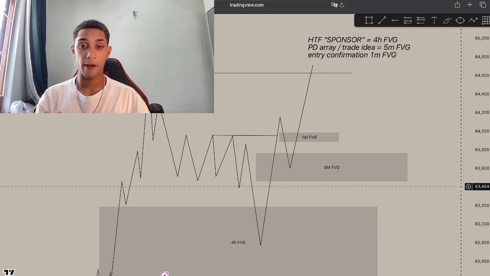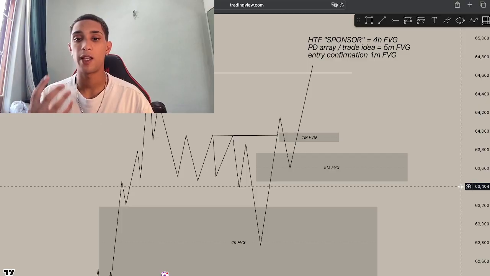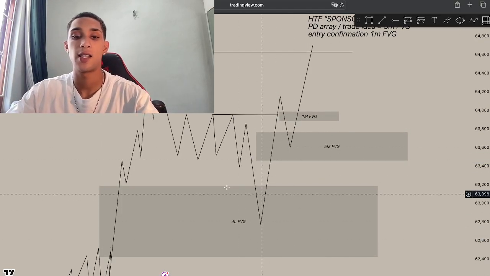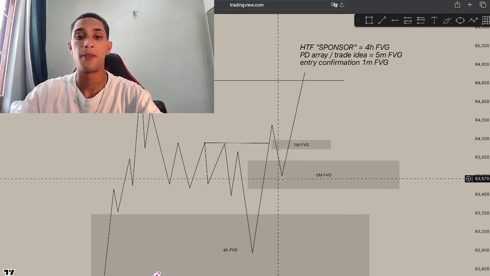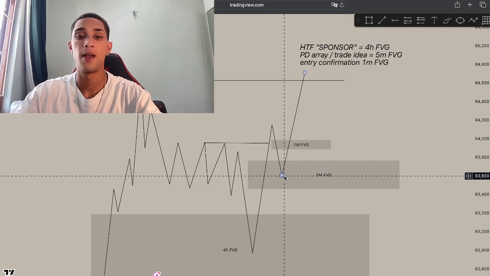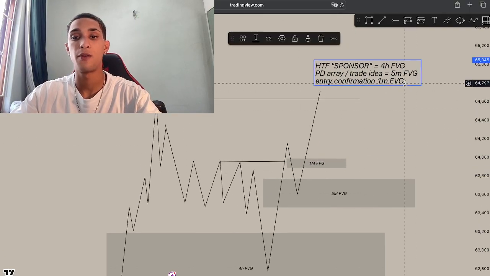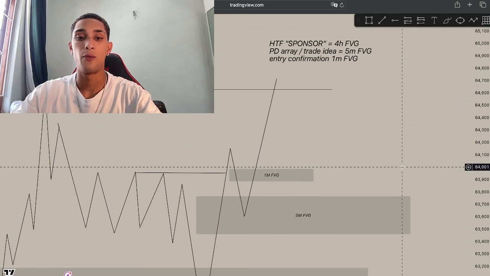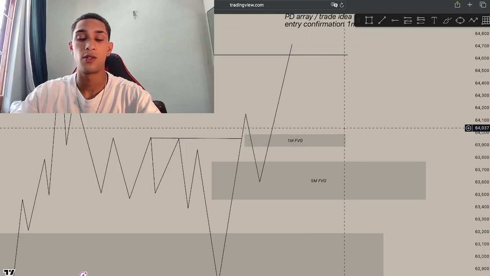So when you see a 5-minute fair value gap, you don't just enter, but you start speculating. Does this make sense? Yes, we're delivering out of a higher time frame 4-hour fair value gap. On top of that, we've tapped this 5-minute fair value gap here. And then the final step is our entry confirmation, being that we waited here for this 1-minute fair value gap to get closed above.